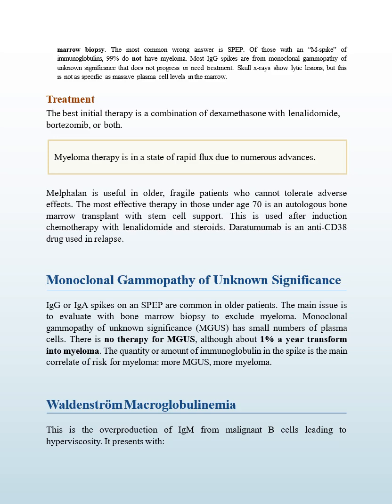The main issue here is that we need to do a bone marrow biopsy to exclude myeloma. Monoclonal gammopathy of unknown significance, or MGUS, has small numbers of plasma cells. There is no therapy for MGUS, although about 1% a year they transform to myeloma.